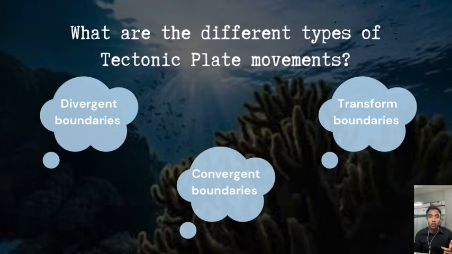The trenches are crucial to understanding how island arcs like the Marianas and Aleutian Islands develop, and why they are subjected to several earthquakes. The third one is continental convergence.